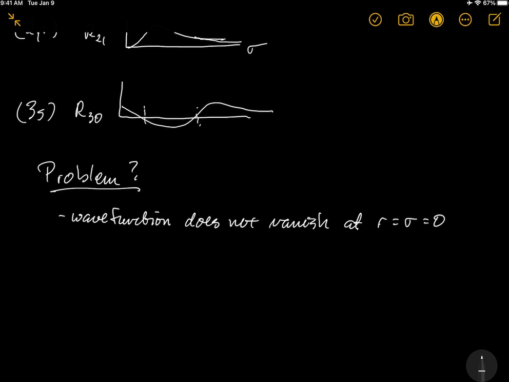So we could avoid it by having the wave function be equal to 0. But here the wave function is not 0 at r equals 0 for some of these, for the various s-like wave functions.